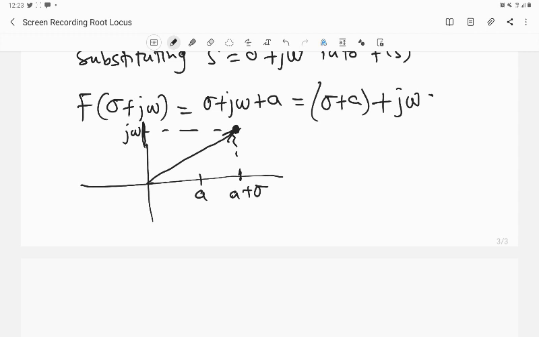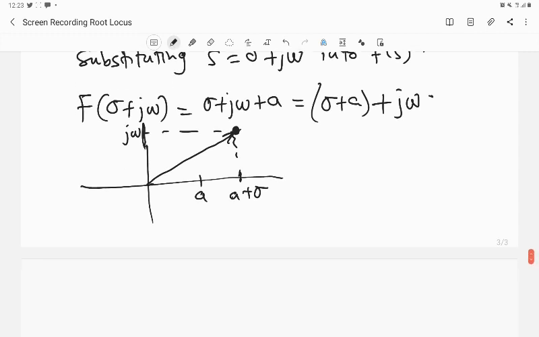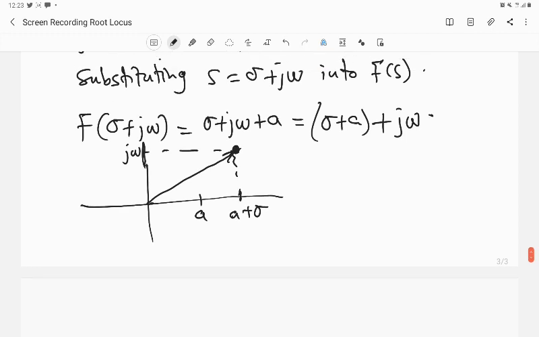Okay, this is actually also equivalent to plotting a system like this, where my zero is here, minus a, and my sigma is here, and this is going to be my j omega.